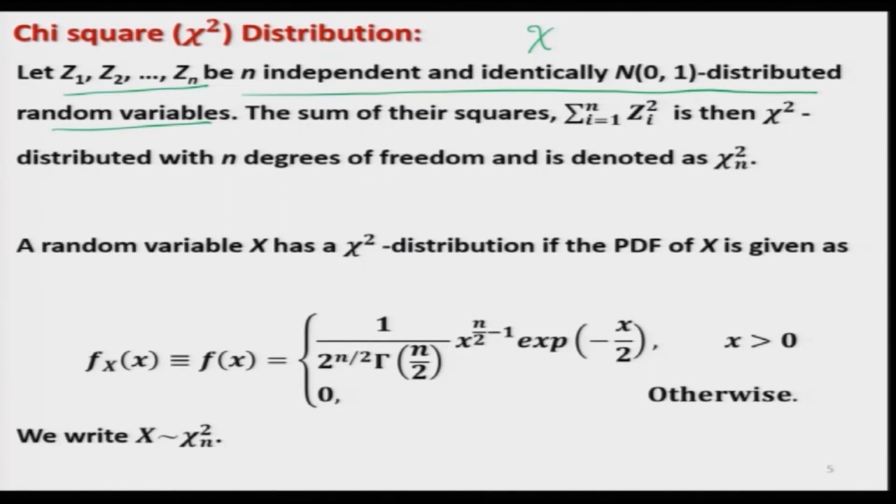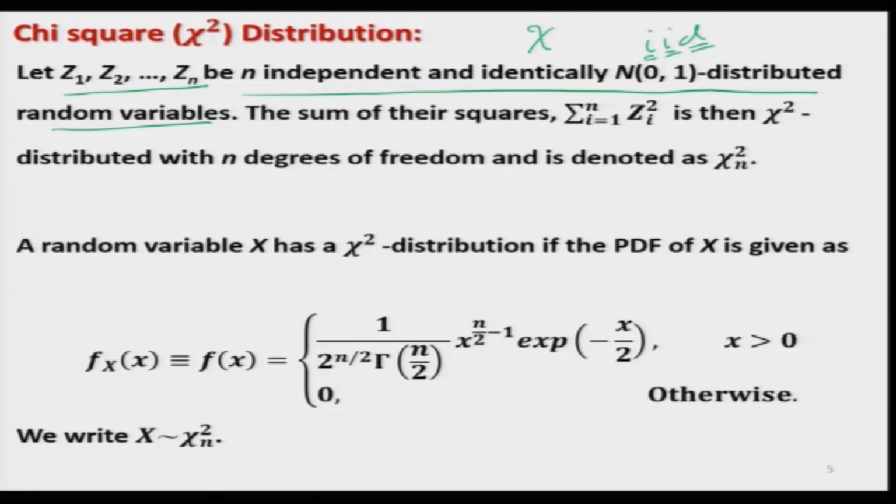So, I take n such independent and identically distributed random variables, and this is also indicated as IID. I means independent, I means identical, D means distributed.